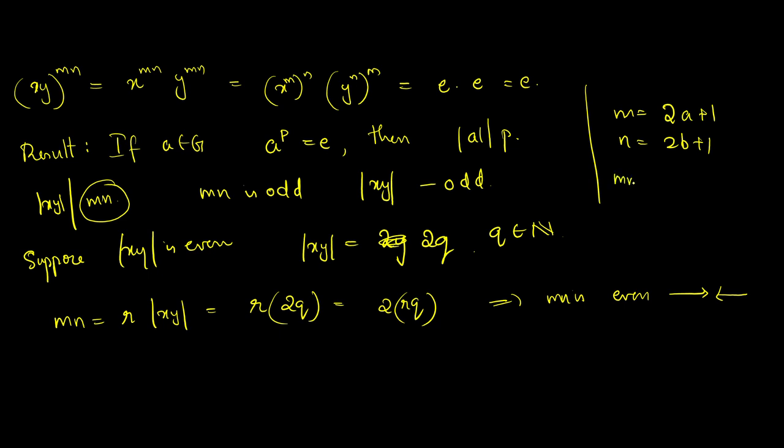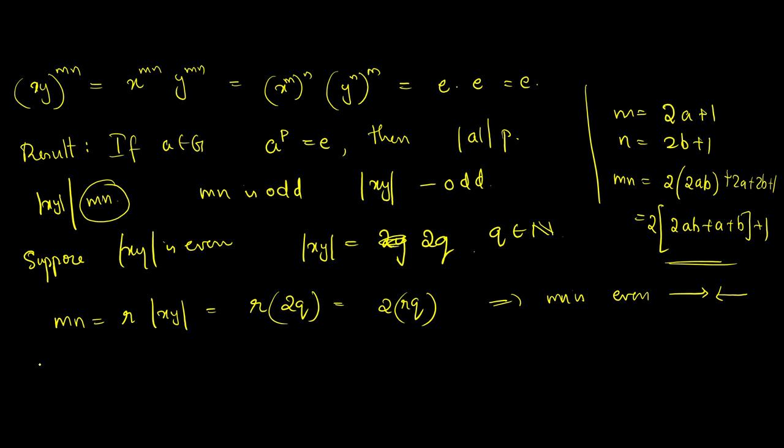Then mn is 2a times 2b, which is 2 times 2ab, plus 2a plus 2b plus 1. Taking 2 common outside, we get 2(2ab plus a plus b) plus 1. So mn has to be odd. So mn is odd, so the order of xy must also be odd.